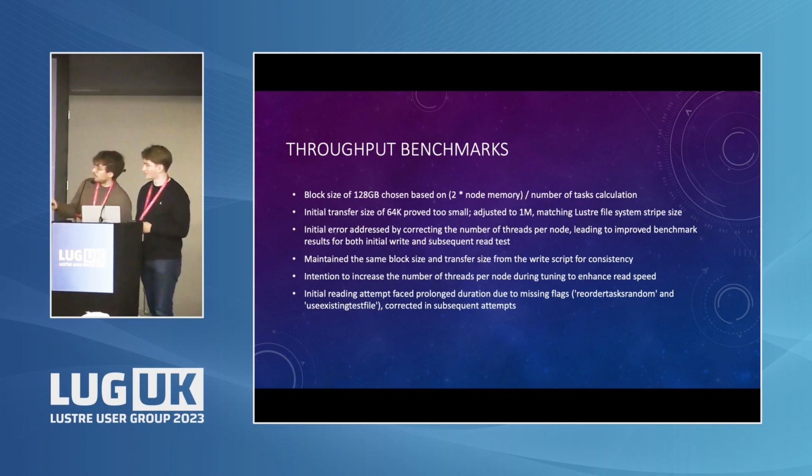So some of the things we were doing here: we were adjusting the block size based off this derived equation here. I can't remember if we were told that or we calculated it. Hopefully we calculated it.